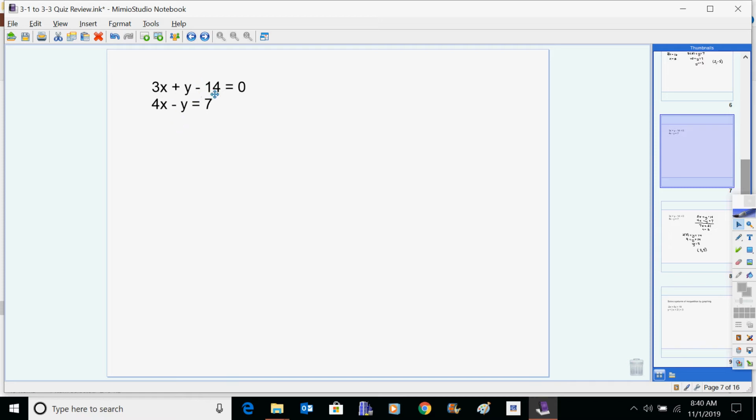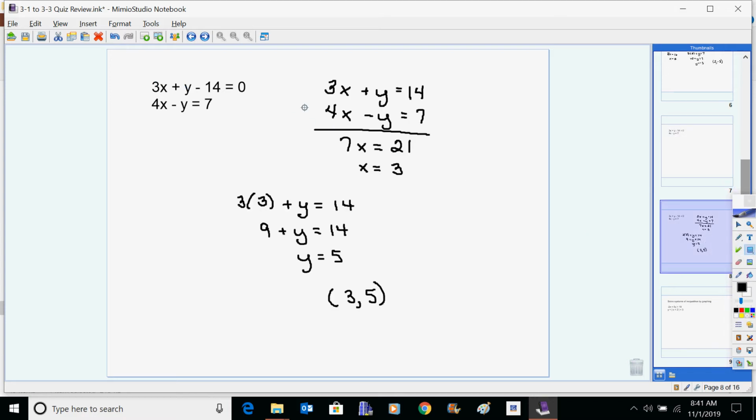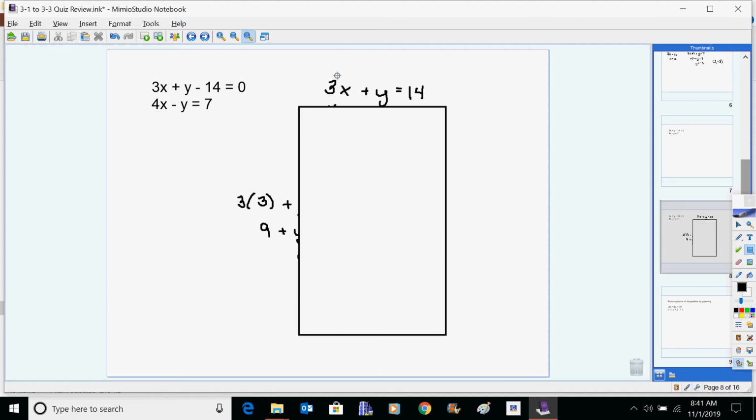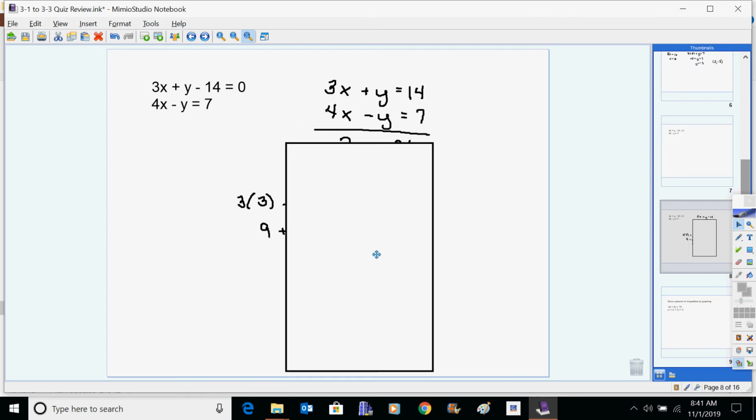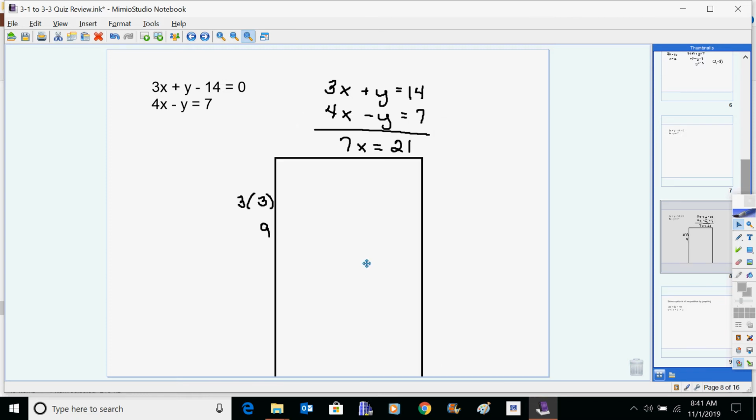But before you do that, we have this pesky little negative 14 that needs to move over to the other side by adding it to both sides. And then it is still set up to eliminate, but sometimes you might have to do that so that it looks like that when you add the 14 to both sides. Then we're able to eliminate easily.